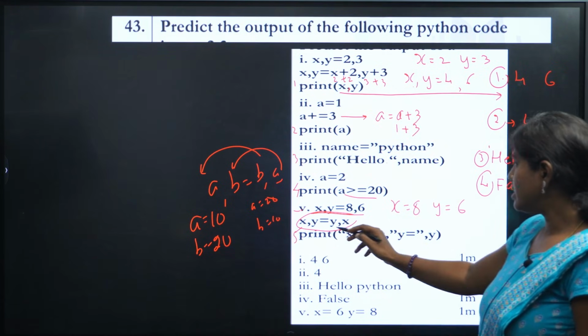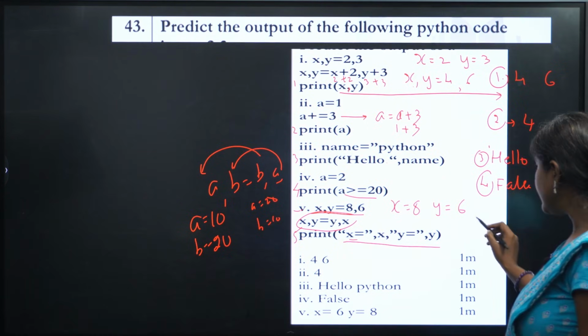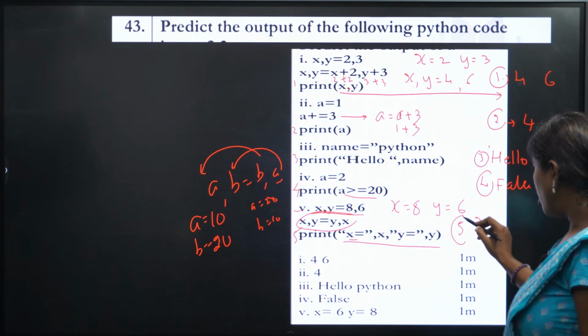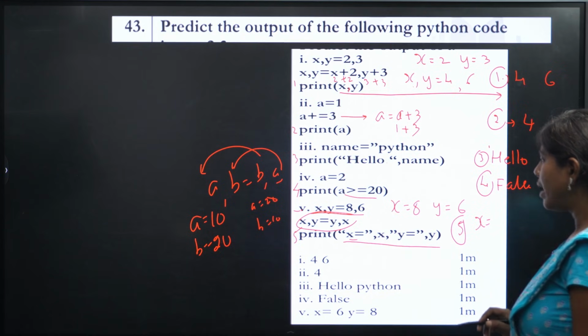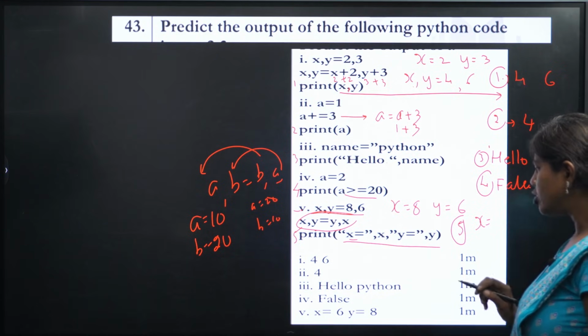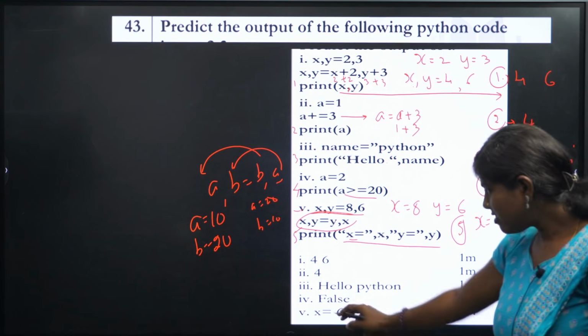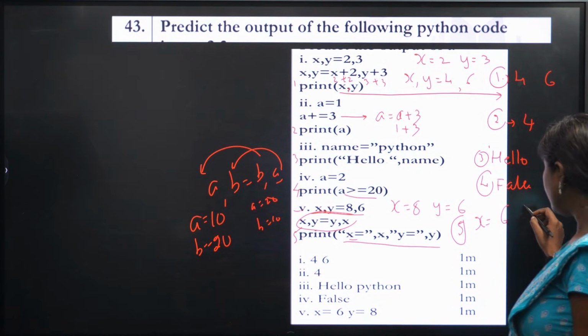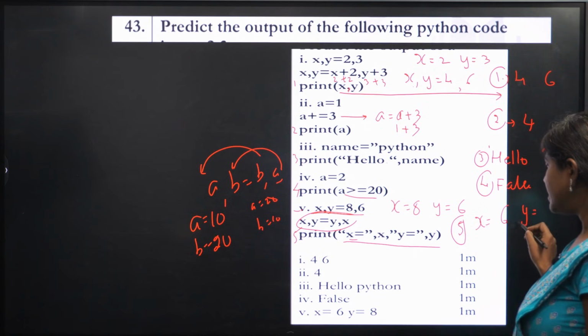Now tell me, students, this is a string as it is, the fifth one. x equals what? x equals, ma'am, comma is there, I'll give one space. Yes, you have to give one space. Then 6. Okay, there is one space. Then y equal to, is there a space here?